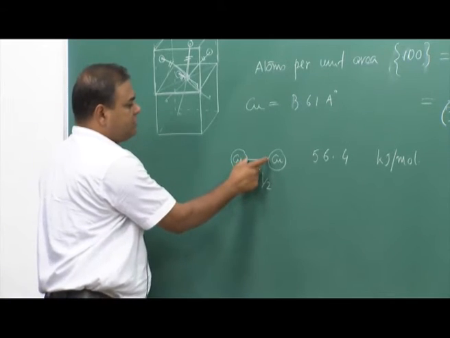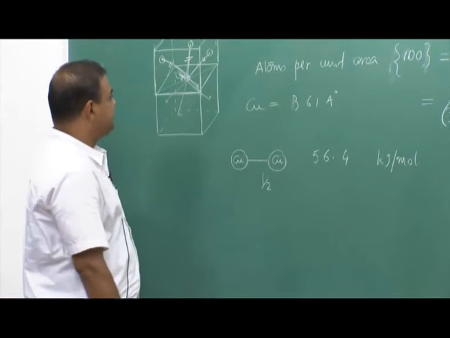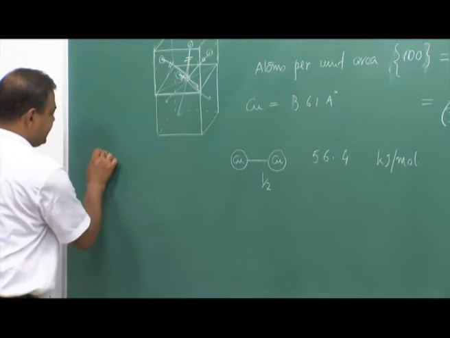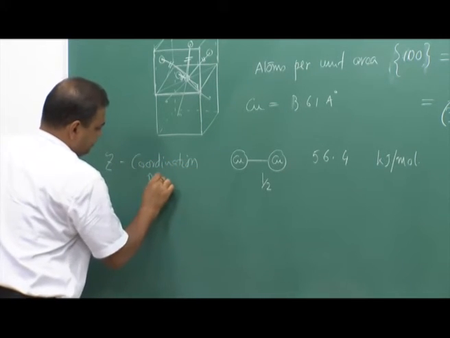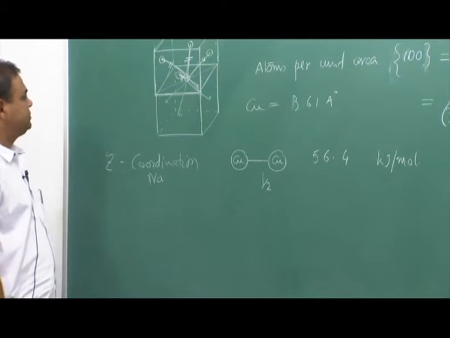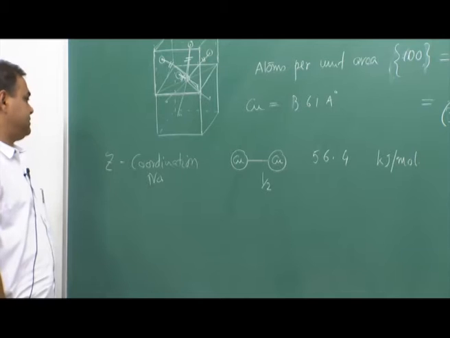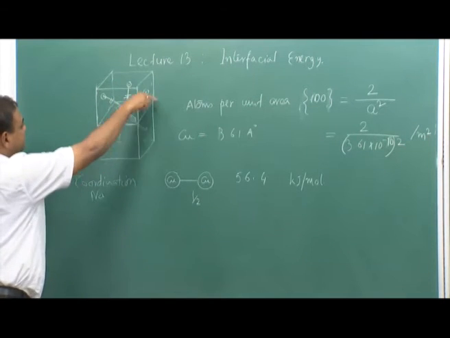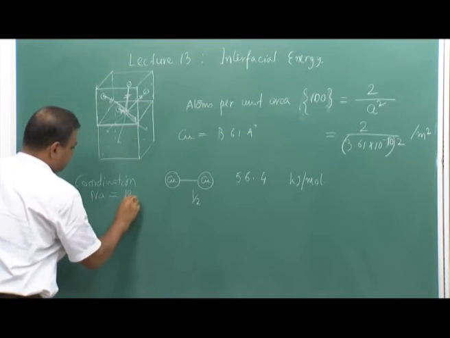One bond is shared by 2 copper atoms, and that is why this half term is coming. In case of FCC, the coordination number, which we call Z, is the number of nearest neighbor atoms with which this copper atom has bonds. If we consider this atom, the nearest neighbors would be 12 atoms. So, the coordination number of copper is 12.